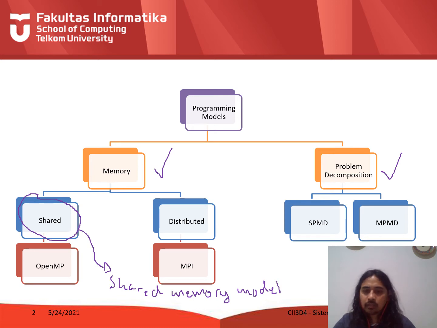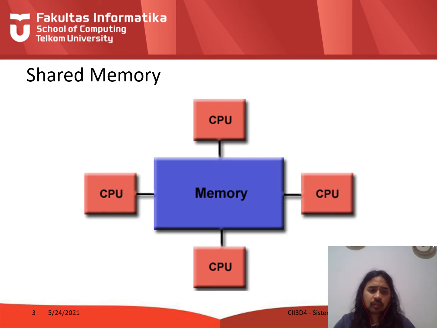Let's take a little preview of the shared memory model. Of course, we are discussing the memory of a CPU, and what we are learning, parallel programming, means that there are many CPUs. Here we have CPU 1, CPU 2, CPU 3, and CPU 4. Shared memory model means that each CPU uses the same memory, so they can share one type.